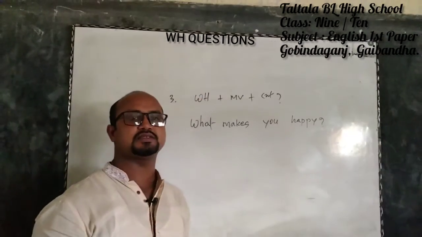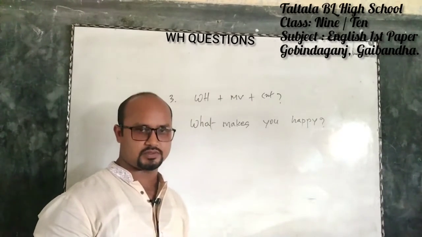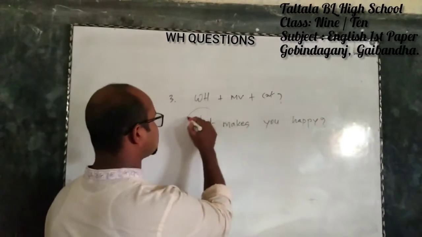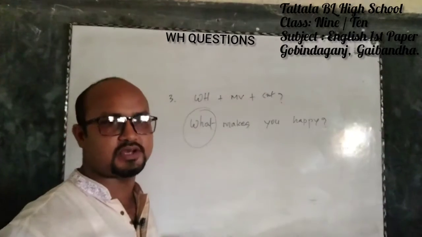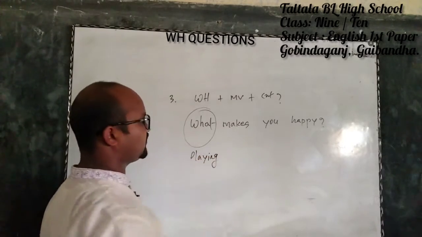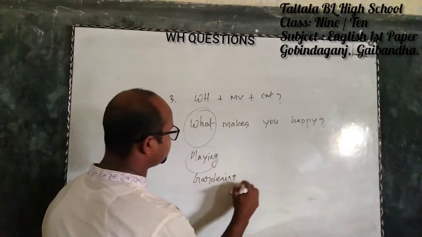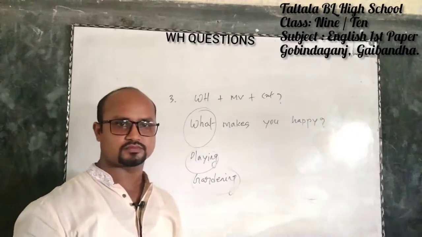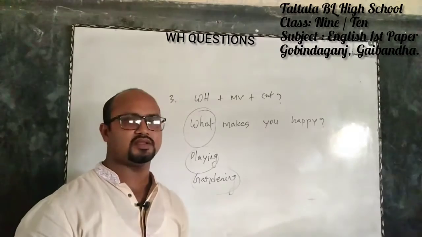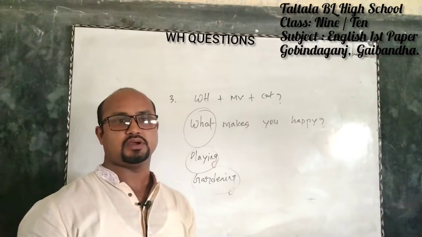The Bengali meaning of the sentence will be kon jinishti tomake shukhi kore. What makes you happy? The answer is very easy. Just in the place of what, in the place of WH, you have to write that playing makes me happy, or gardening makes me happy, or something like that. At first you have to understand the question, then write the answer. Your presentation has to be to the point.